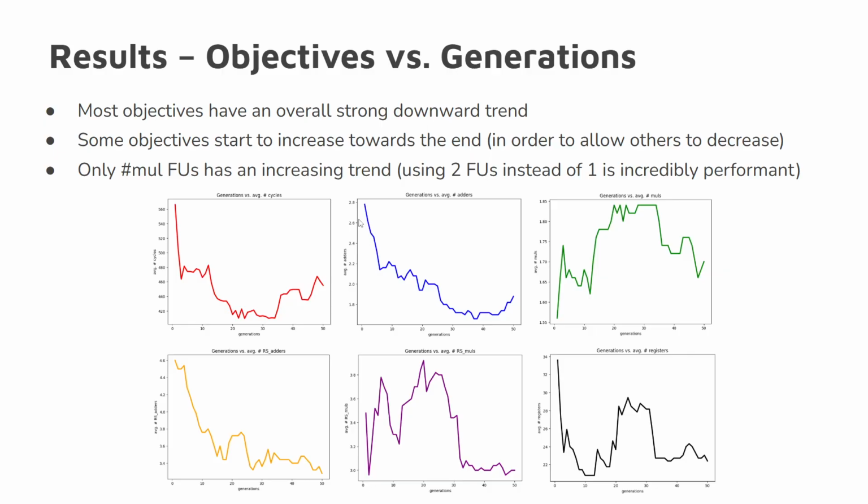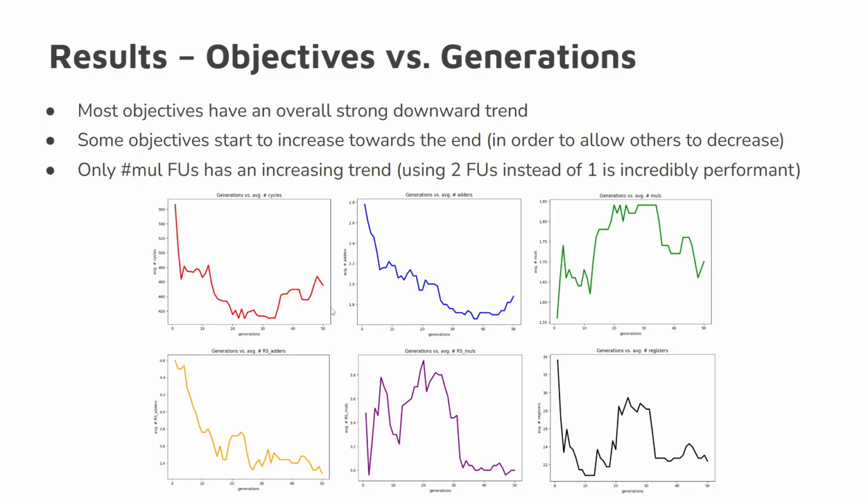A couple of them start to increase towards the end, like these two, the red and blue, number of cycles and number of adders. And the reason why an objective would start to increase is that others need to decrease, and the evolutionary algorithm is working through the trade-off of how can we decrease these other objectives if it requires an increase in the others, what's the optimal trade-off?